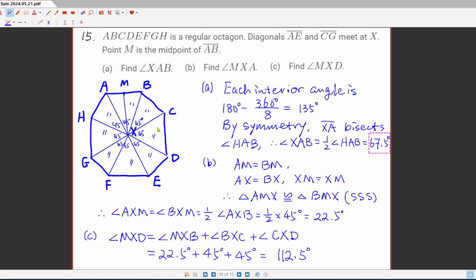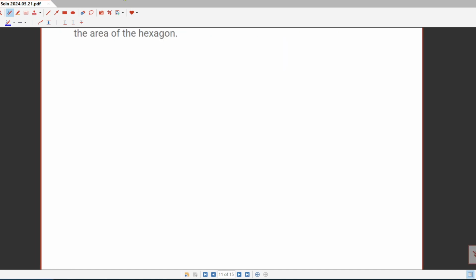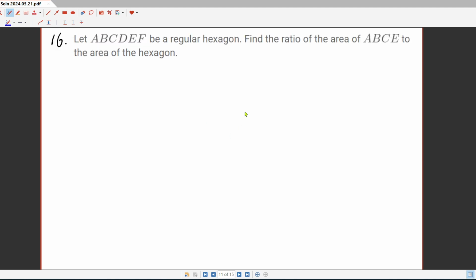Alright, then next let's have a look at question 16. Again we have a regular hexagon ABCDEF. First let's draw a diagram to illustrate the situation here.